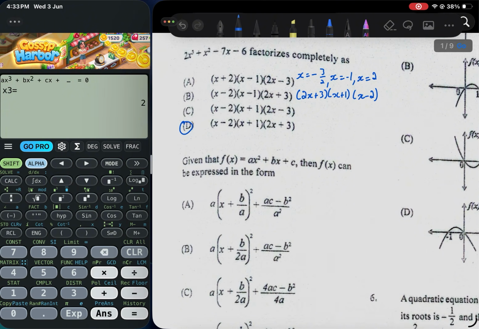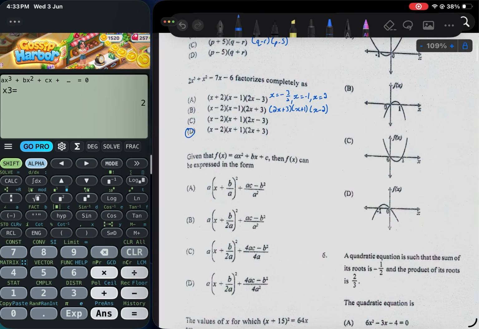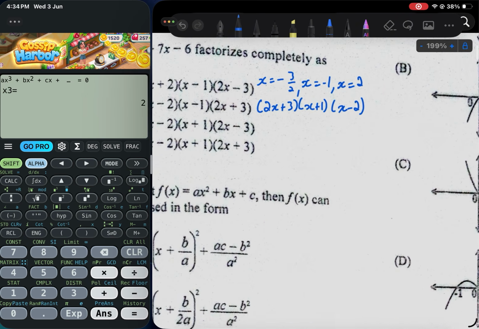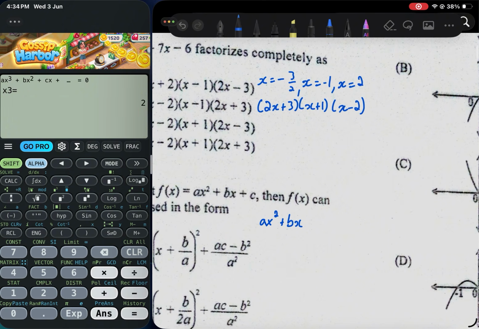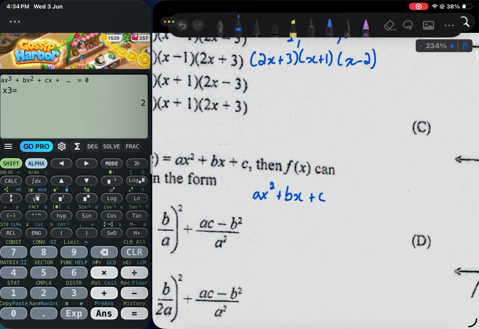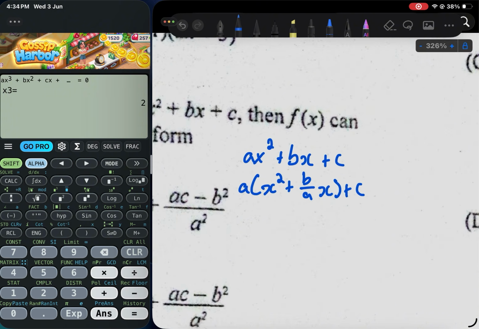Given that f(x) is equal to ax squared plus bx plus c, then f(x) can be expressed in the form. So we're completing the square of f(x). So ax squared plus bx plus c. We put a outside the bracket, and then we put b over a because we're factoring out a, plus c. Now we need to find half of the coefficient of x. So half of b over a is equal to b over 2a.